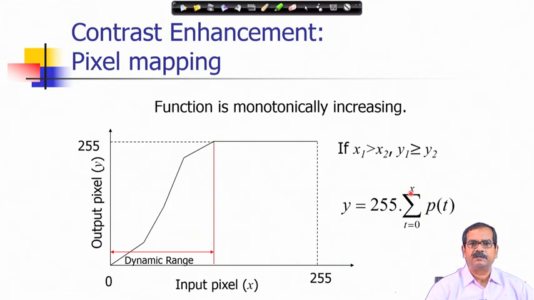That is why you require this property. One popular function used in this case is from the probability distribution of the pixel itself. This is a cumulative distribution, scaled by 255, assuming the range is from 0 to 255.